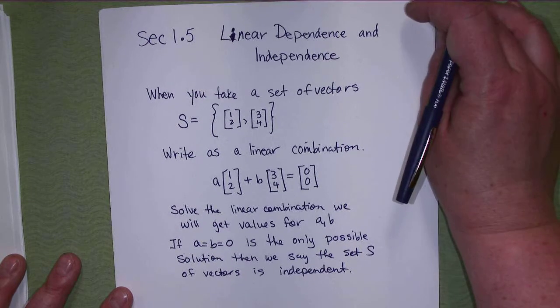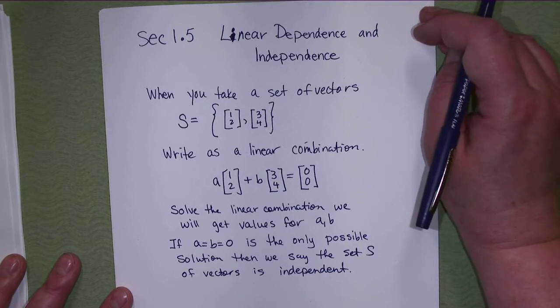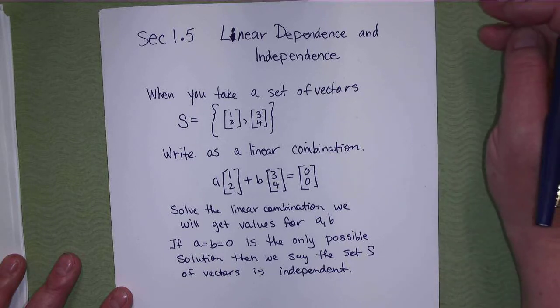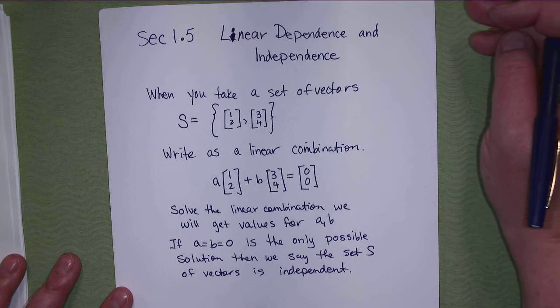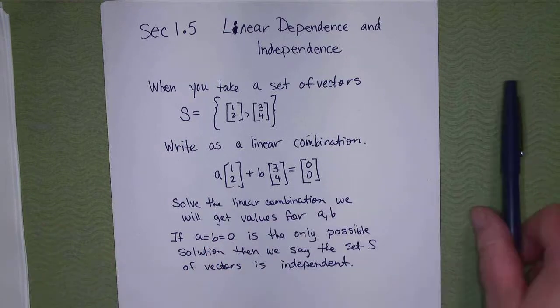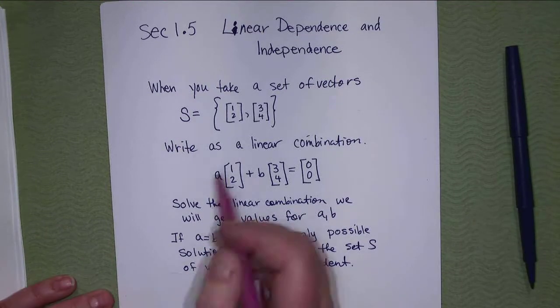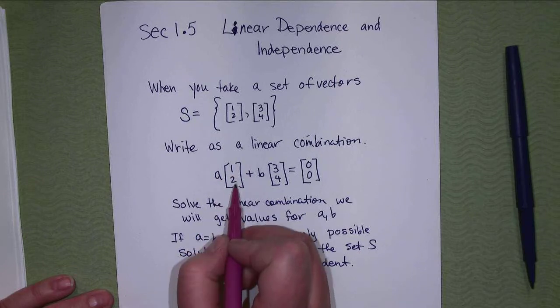What two numbers when you add them together give you 0? 0 plus 0 will give you 0. So if you put 0 in here, then you would multiply, and that would be 0, 0.